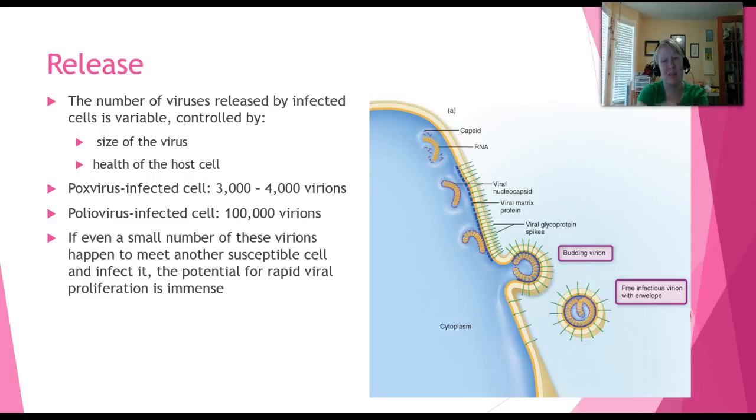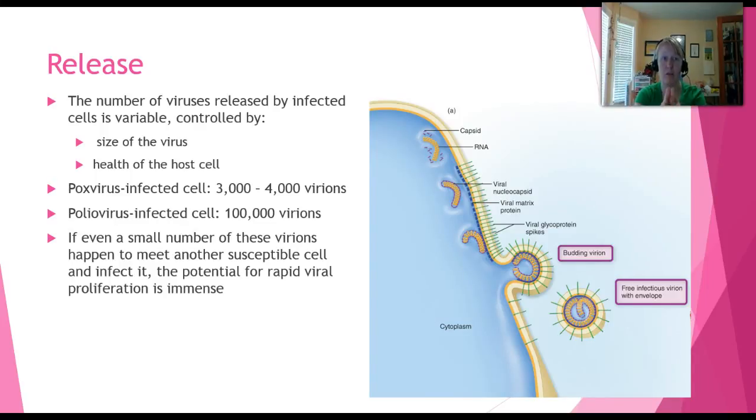And remember, this process only works for enveloped viruses. Non-enveloped viruses have a different method of escaping the cell. So be sure you're clear on that, because budding has to bring the membrane with it. Once it's released, it will go to other cells and start infecting them. So this is how viruses spread within the body.